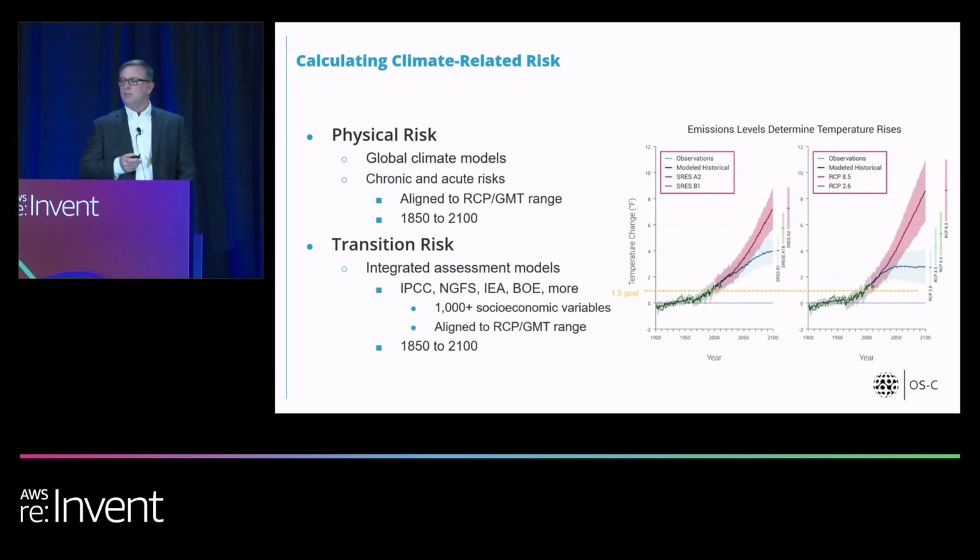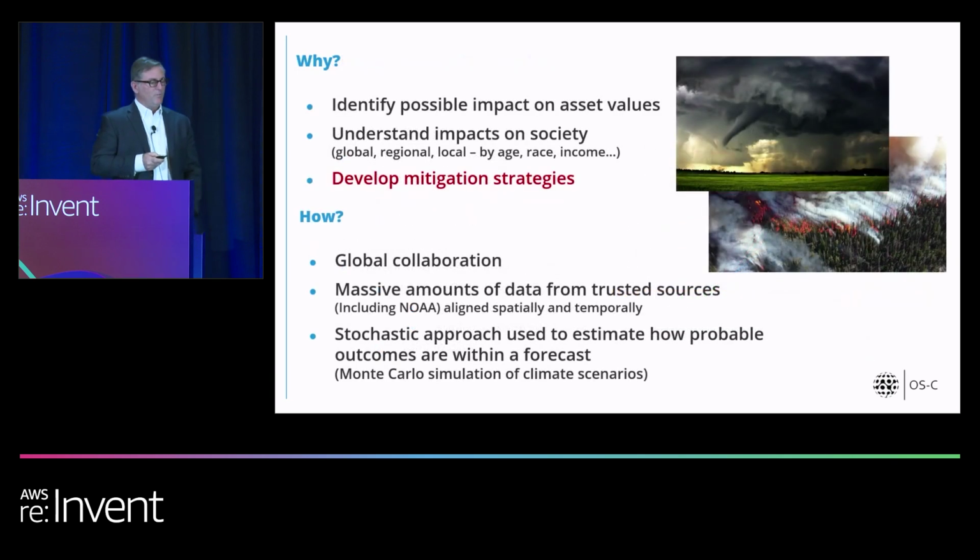These organizations include folks like the UN, IPCC, NGFS, IEA, the Bank of England is doing stress tests with this. And what we at OS Climate are doing is aligning this data, the climate data and the transition data, to help identify what the world will look like, and to try and answer questions like, how can Nigeria transition? The fact is, again, the answer is in the data.